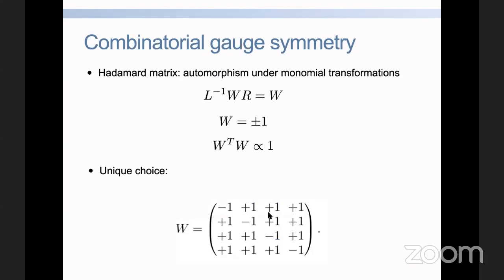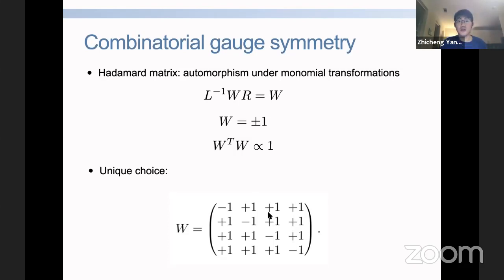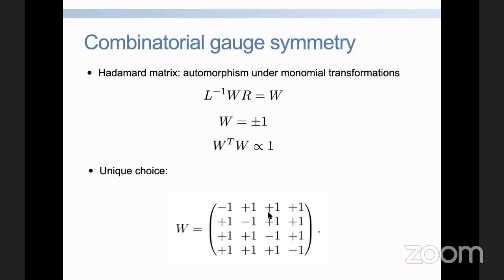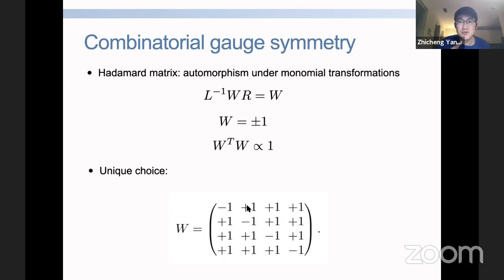Yes, I'm sorry to interrupt. For the 2x2 Hadamard matrices, they flip the X and Z Pauli operators, no? Right, but the 4x4 doesn't have that property here. The W matrix does not generate the transformation of the spins.